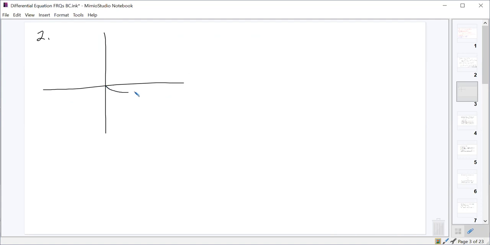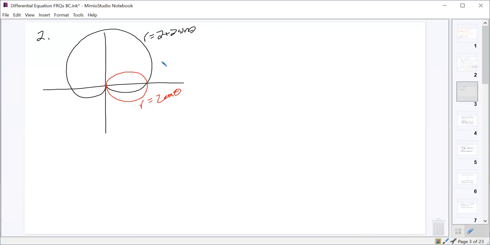I think one was like this, and then my circle was right here. Was it r equals 2 cosine theta and 2 plus 2 sine theta? Or did I have 4 plus 4 sine theta and 4 cosine theta?